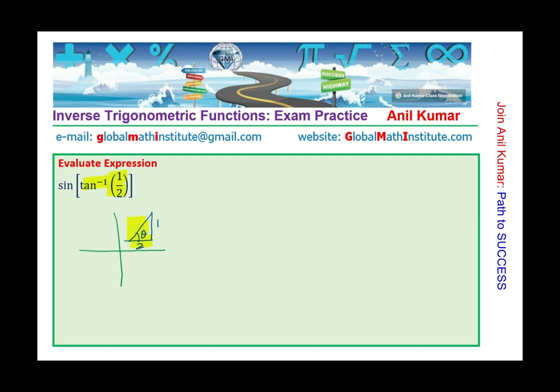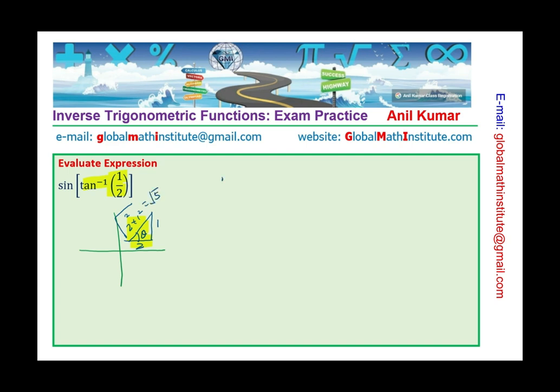Perfect. So here you can see theta is tan inverse of half. But knowing this triangle, we can also find the hypotenuse, which will be the square root of 2 square plus 1 square. 4 plus 1 is 5, so square root 5.